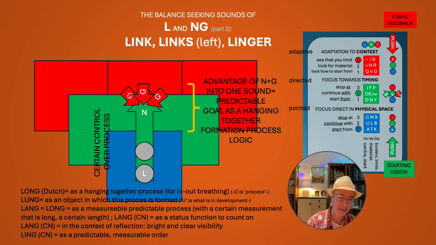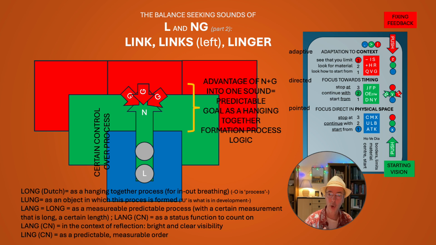You had the long, as the Dutch word, was the hanging together process for the in and out breathing. You saw you had in a way a contained idea of, yes, we can understand the process, where it's going and where it's coming back. So we had that control over that process.